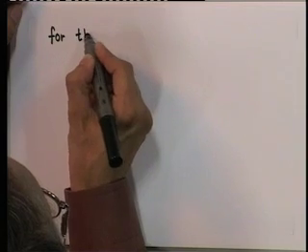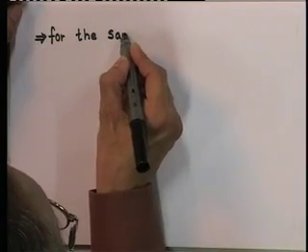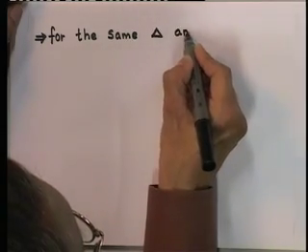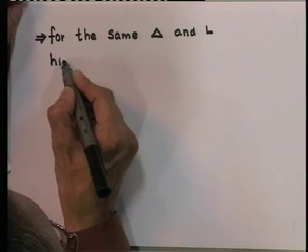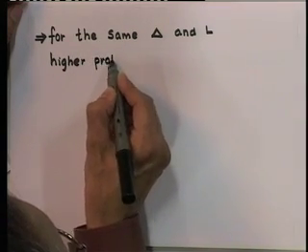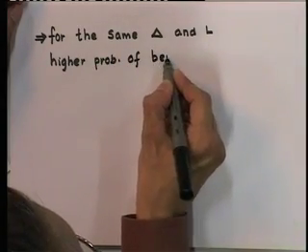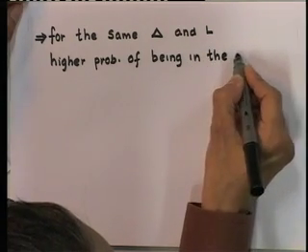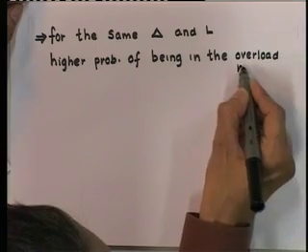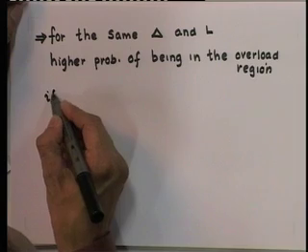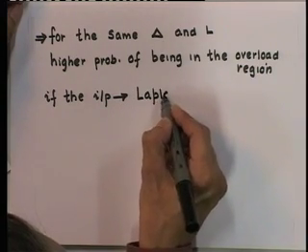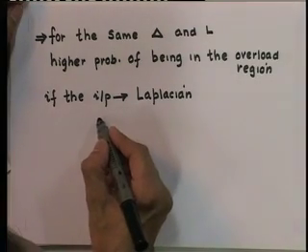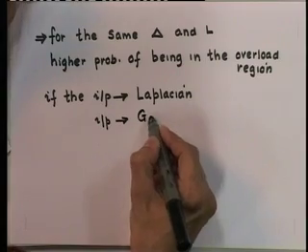So, what this implies is that for the same step size and the number of levels of the quantizer, that is L, there is a higher probability of being in the overload region if the input has a Laplacian PDF than if the input has a Gaussian PDF.